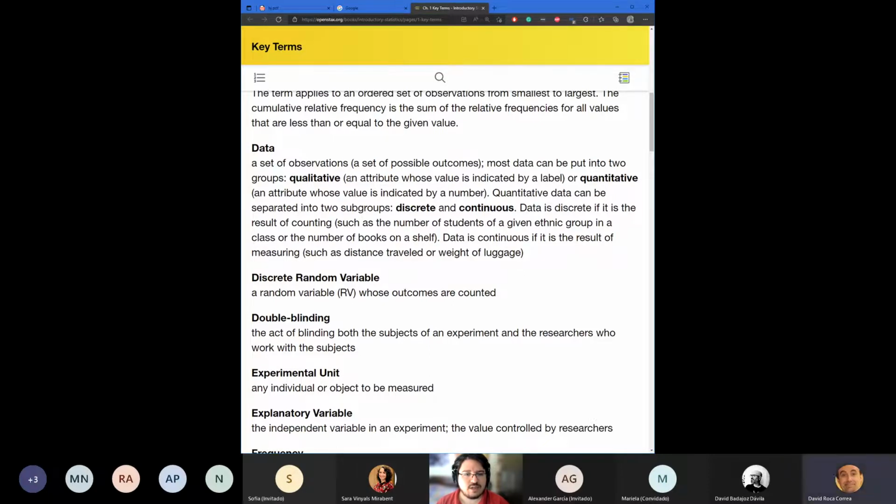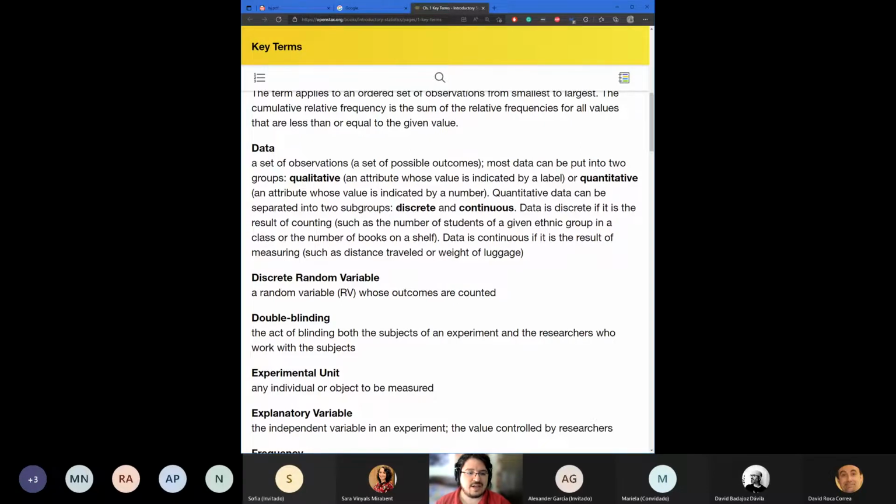Another type of variable is quantitative. This quantitative variable can be indicated as a number. The qualitative data might or might not be indicated as a number, but the quantitative should.